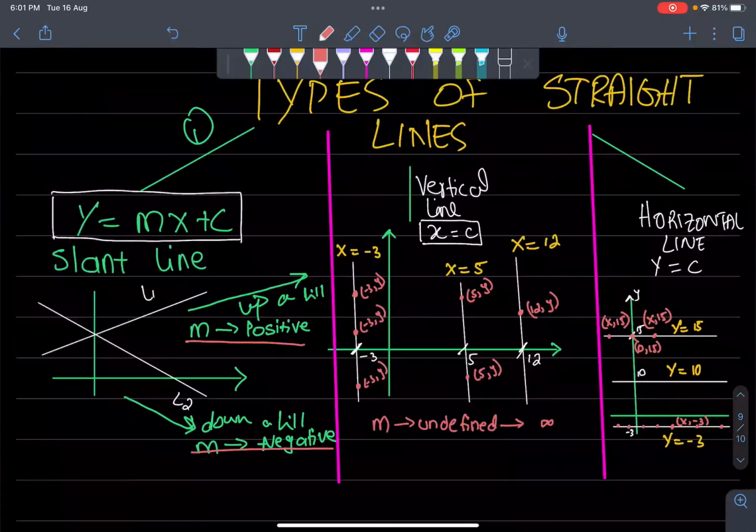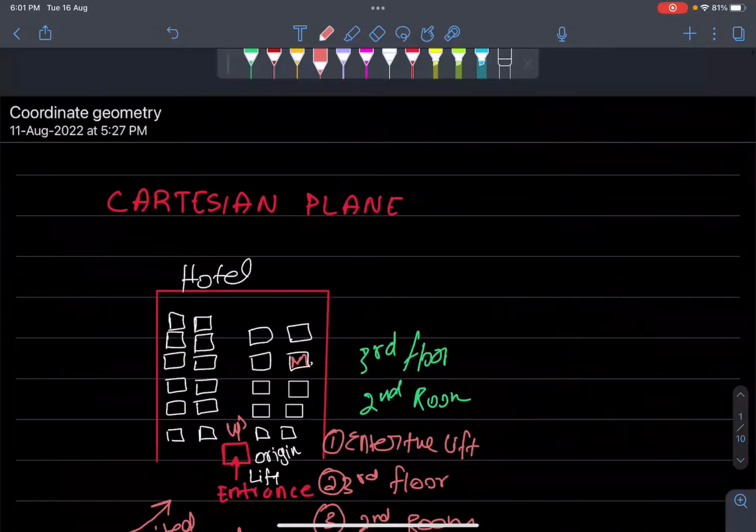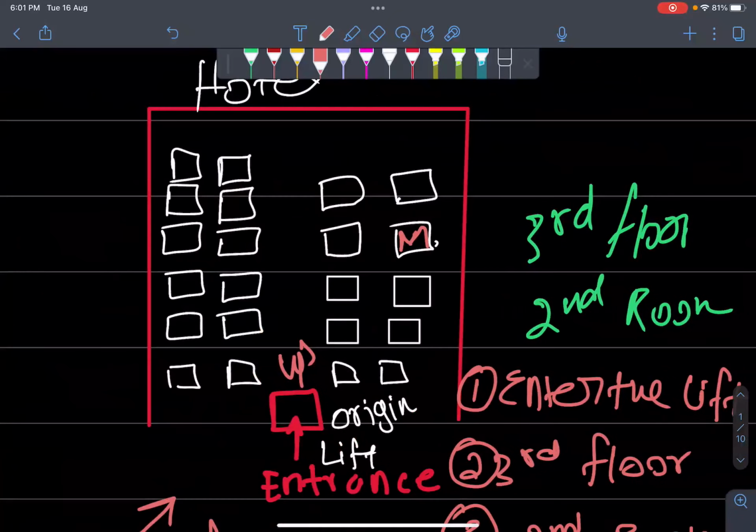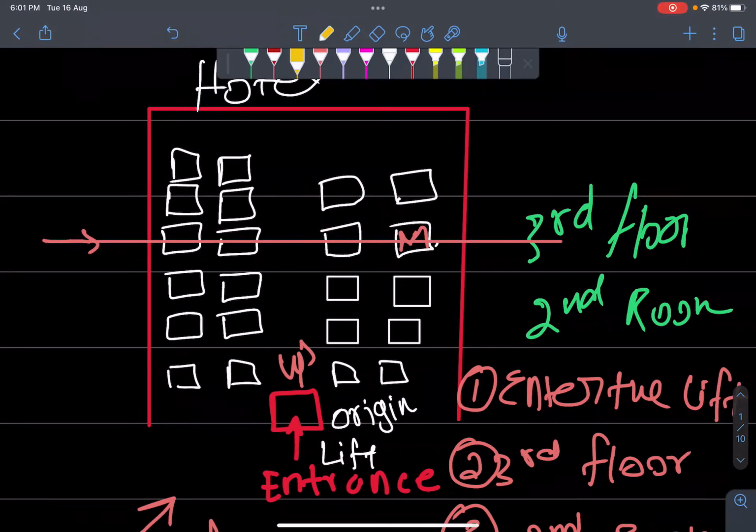If you remember, I started this topic with the rooms of a hotel. For example, I am anywhere on this line. Now understand why the values remain the same.